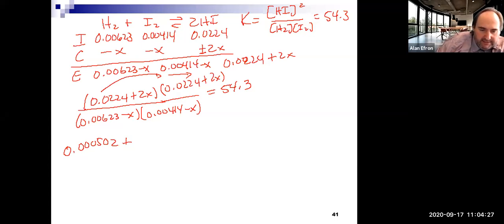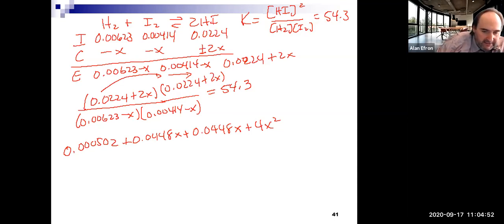That's going to be 0.0448x plus the same thing, 0.0448x, and that's going to be plus 4x squared. So that is just factoring out the top guy there. Again, FOILing it or whatever you call that.